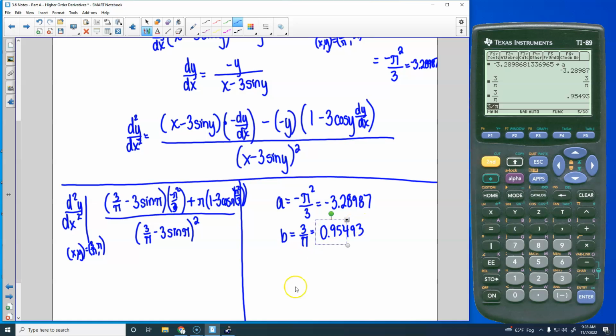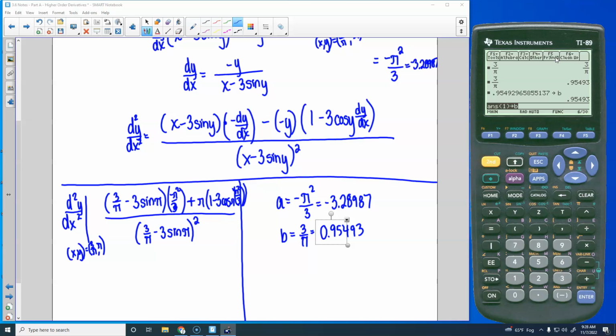I'm going to store that as my B. I've told you guys about storing before, right? You guys know? Okay. If you're going to do this, you want to store those values. You don't want to use the rounded values.